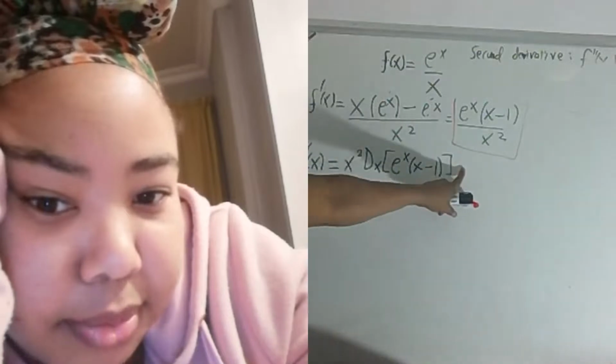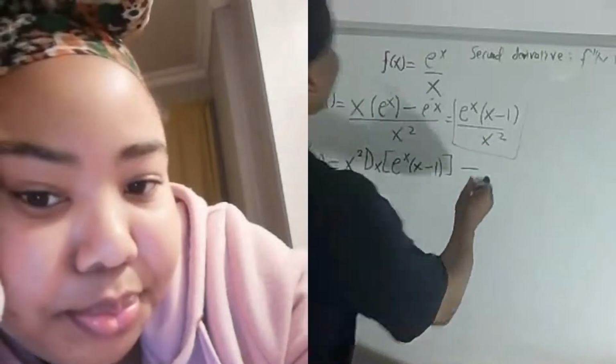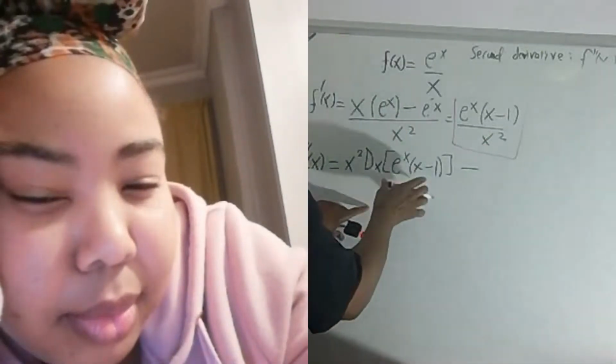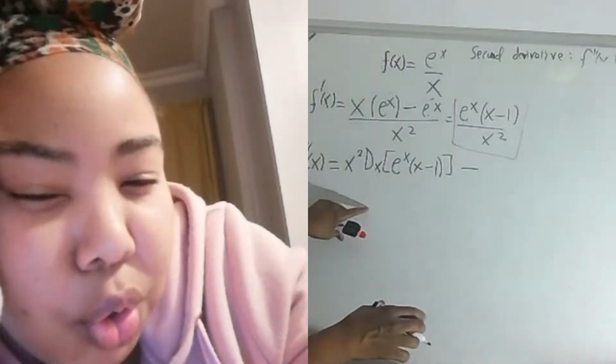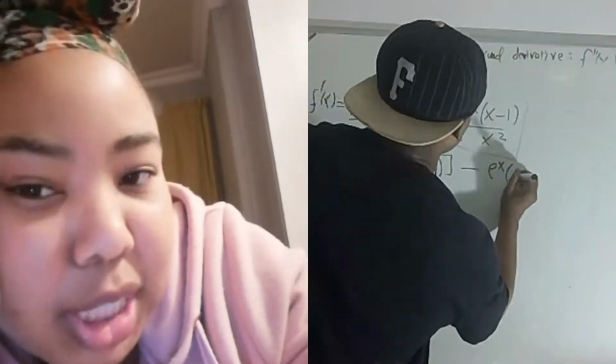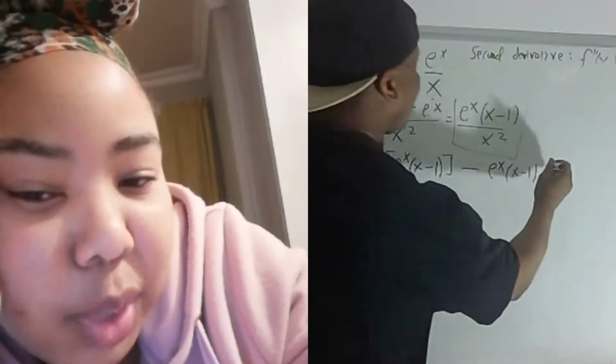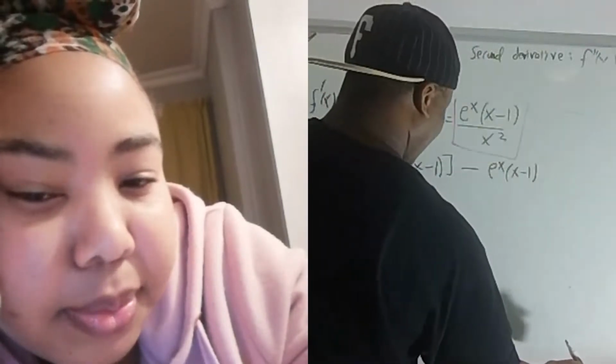And then minus: the e to the power x times x minus 1 is constant, and then you differentiate your x squared, which is going to be 2x.